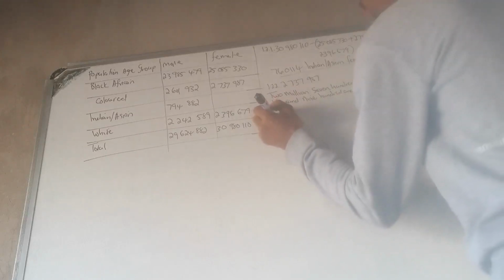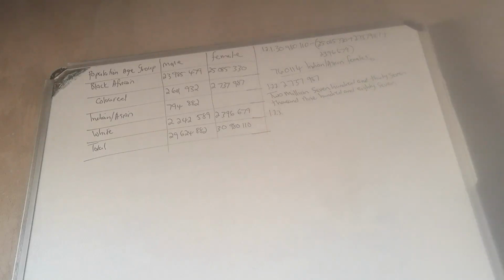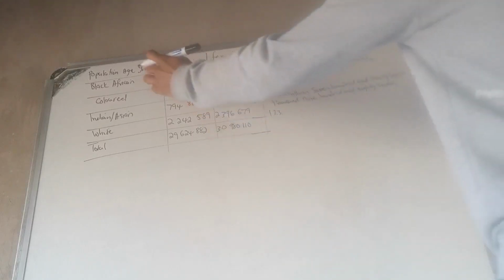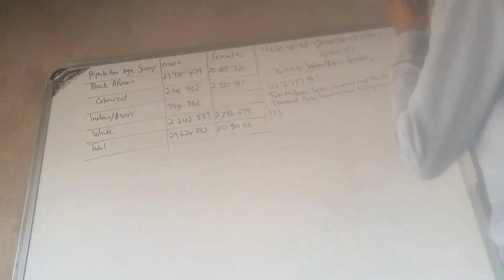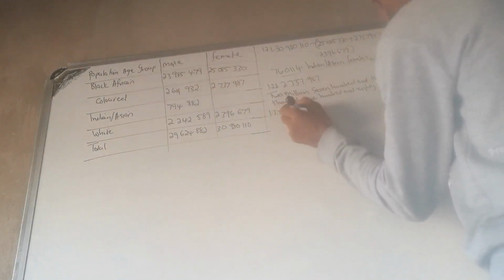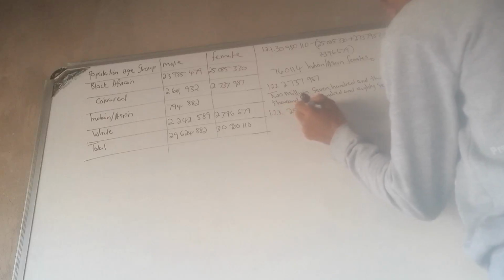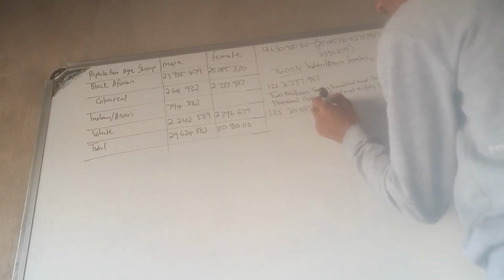And then we go to 1.2.3, and they say to us, determine the percentage of the female population represented by Black Africans. Now, the Black African females number is 25,085,330, divided by the total.